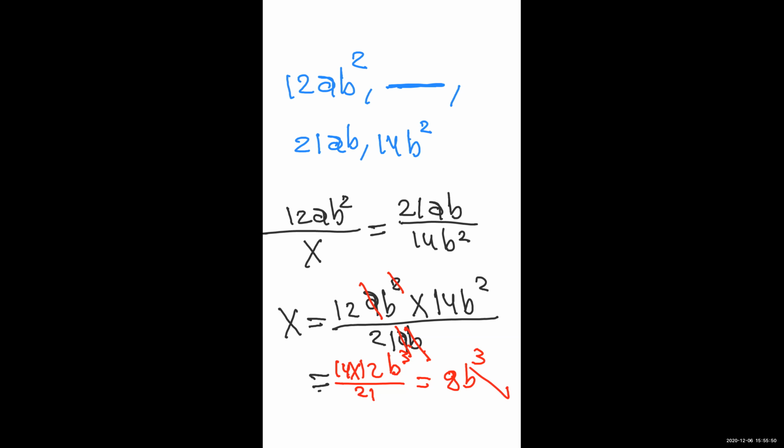The last one, which is number 6. If y varies directly with x, and x equals 1 when y equals 4, then the constant proportional equals, I want to get the constant proportional, which is m.